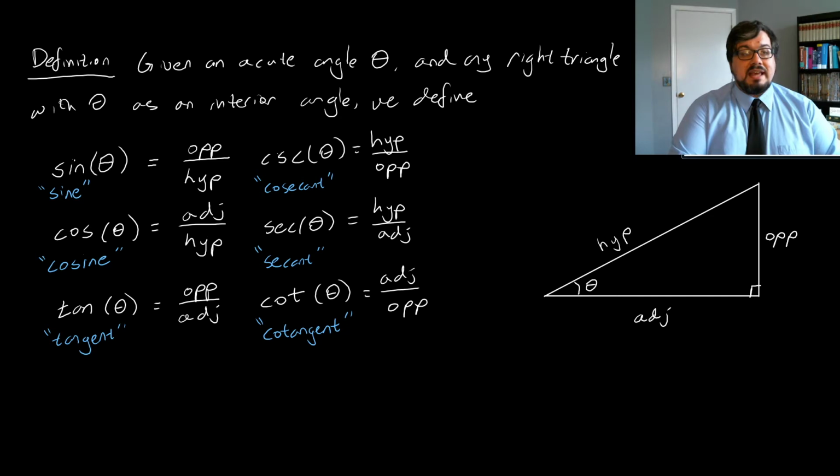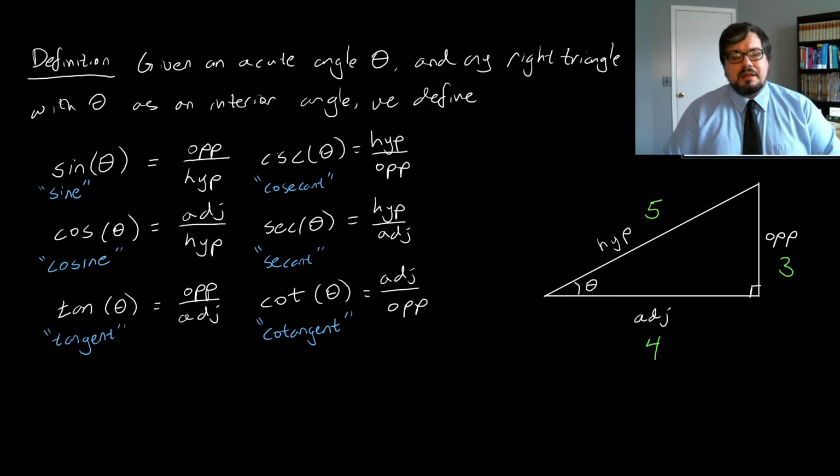So for the sake of example, let's suppose that the opposite side was 3, the adjacent side was 4, and the hypotenuse was 5. This is actually a right triangle.